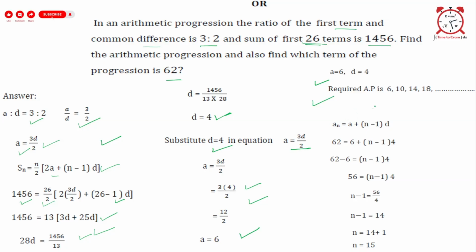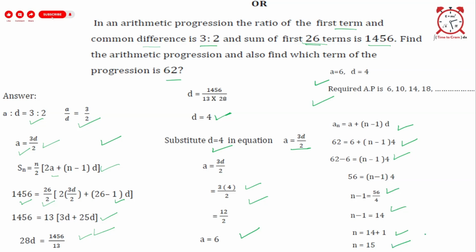Now we have also been asked another question: find which term of the progression is 62. So we write the term formula, where the last term is 62 here. After keeping all the values, we get n equal to 15.